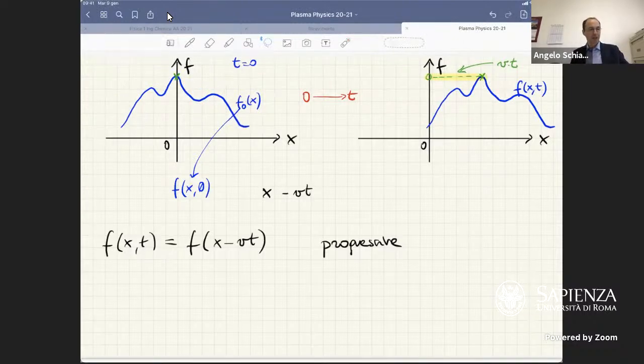Having a general function f as a function of this argument, x minus vt, we can go from the x space into its Fourier transform space.